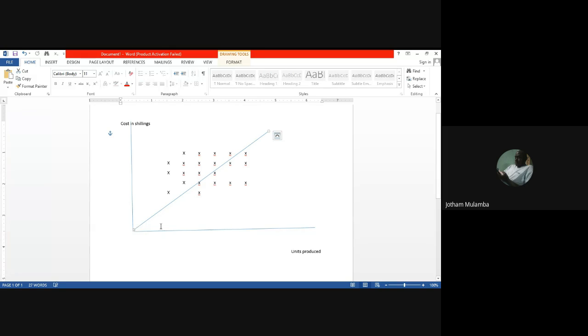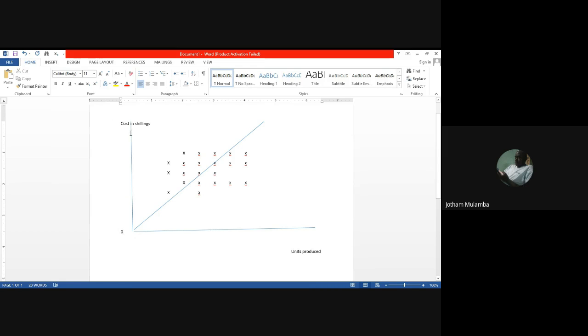You might have been taken through the line of best fit. That's what I'm trying to come up with. Once I've come up with that line of best fit, then we can estimate cost. Remember here, at the far end, it will be 0.